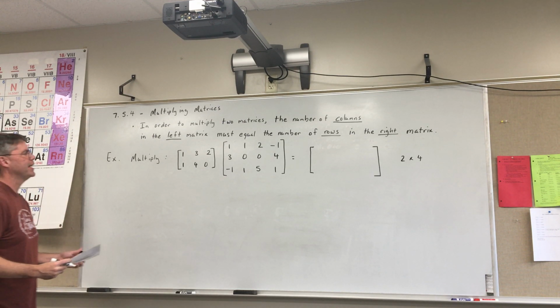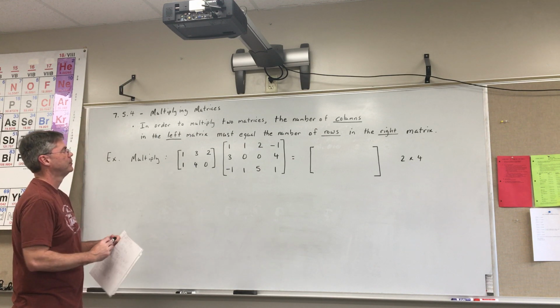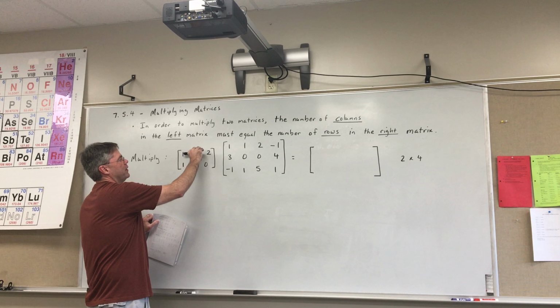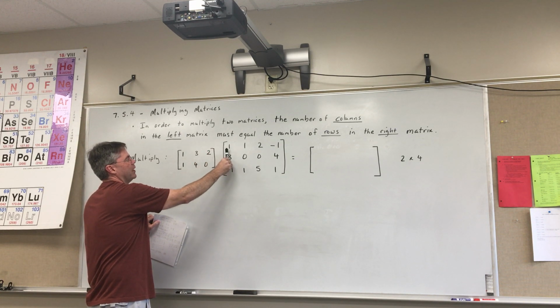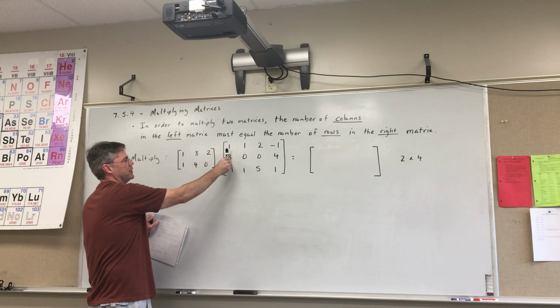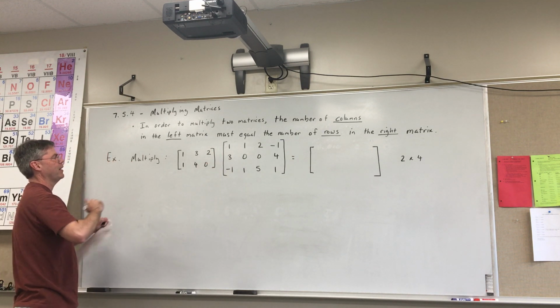Okay, so we have to take this one digit at a time. What you do is you take the first row of the first matrix, multiply it by the first column in the second matrix. So row horizontal times vertical. And I like to write it out like this.